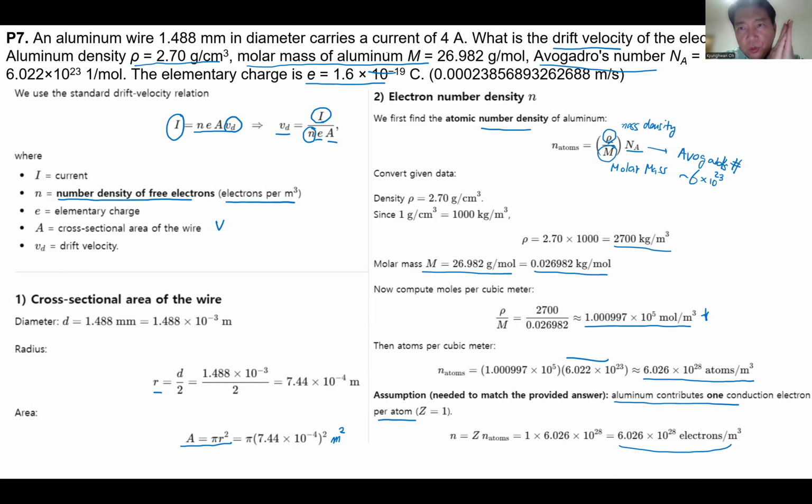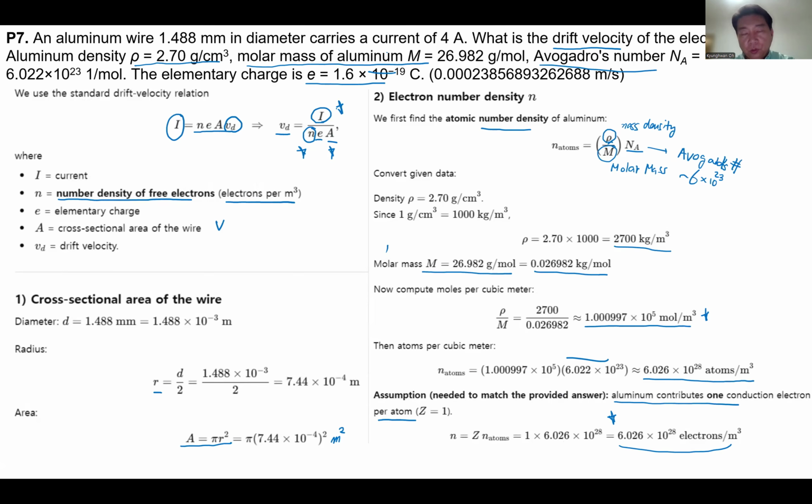So this number, step 2, is important. From the given information, the aluminum density and the molar mass, we need to find the electron number density. Okay. And then if we know the area and number density, and we know what the electron charge is, and the current is given, right?